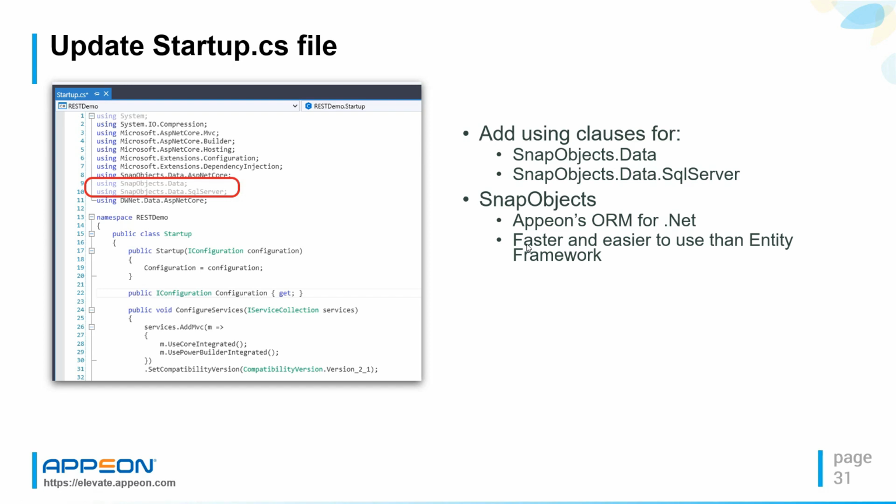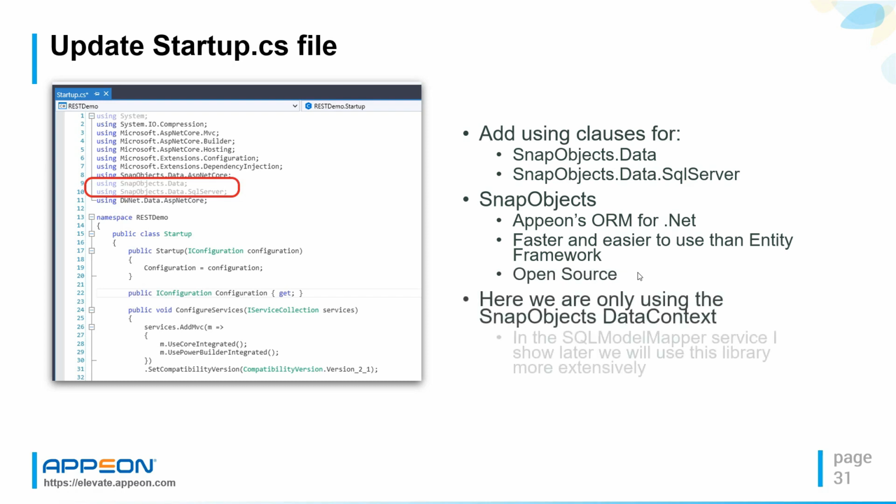They found it was difficult for them to pick up, and that Entity Framework was rather slow, so they came up with something that was faster, and easier for people to get started on. Now, right now, we're only using the data context. When we get to the SQL model mapper, we'll use more of Snap Objects.